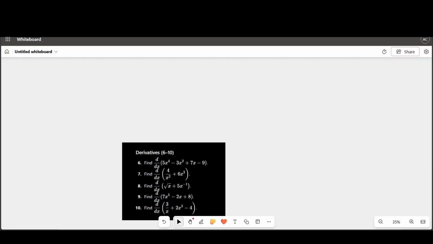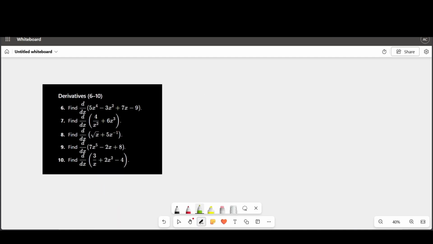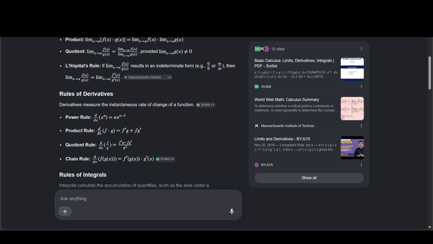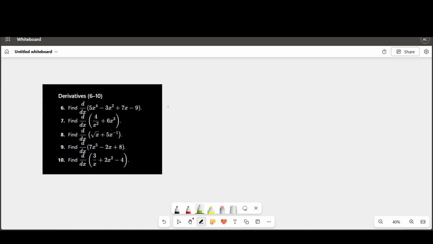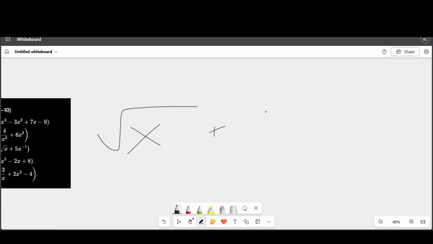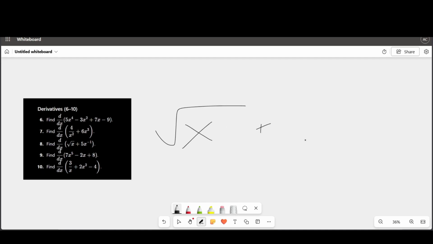Alright. So number 8, we have the square root of x. You just have to find the derivative of 5x minus 1.